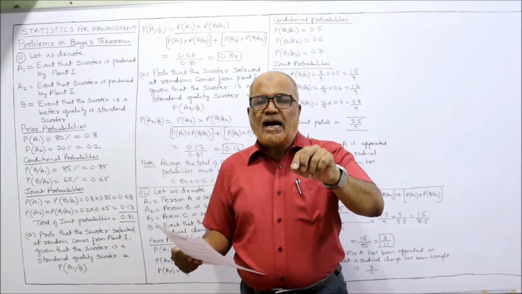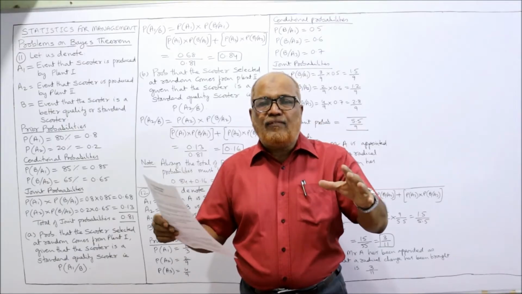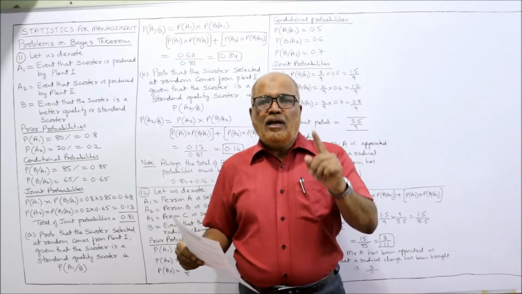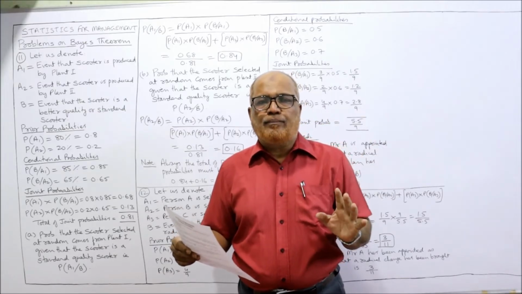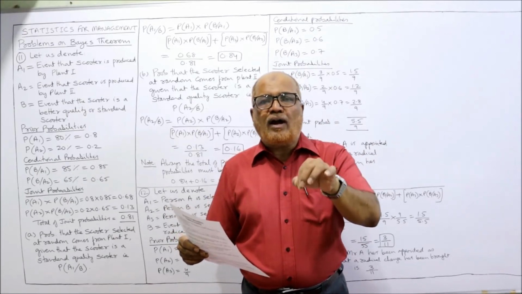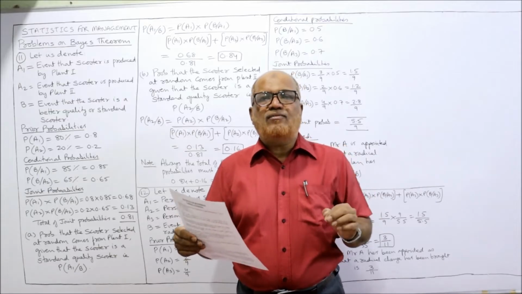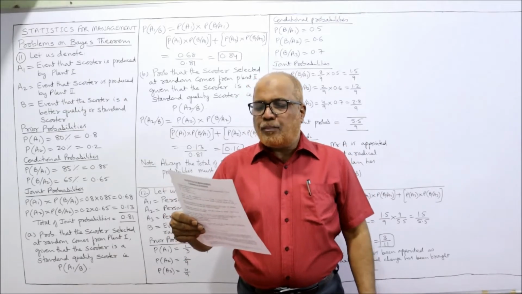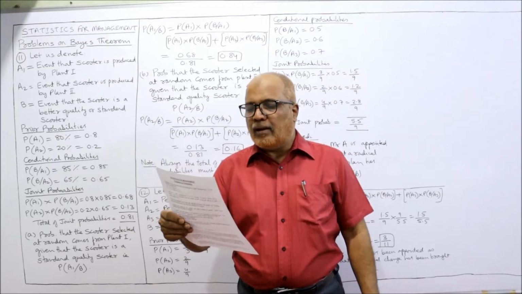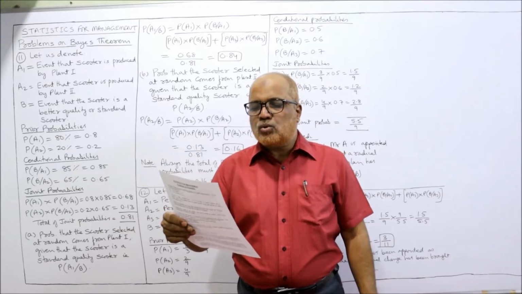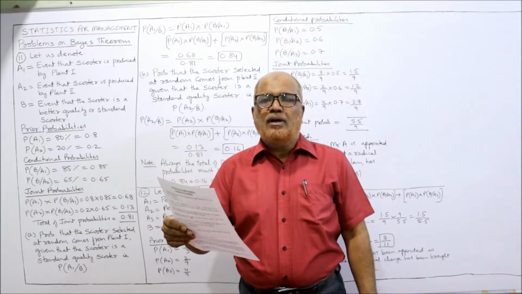That means the standard or better quality are different in the 2 plants. In the first plant, out of every 100, 85 are better. In the second plant, out of 100 scooters manufactured, 65 are better. What is the probability that the scooter selected at random came from plant 1, if it is known that the scooter is of standard quality?